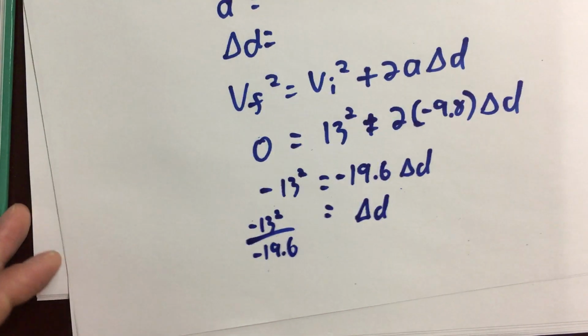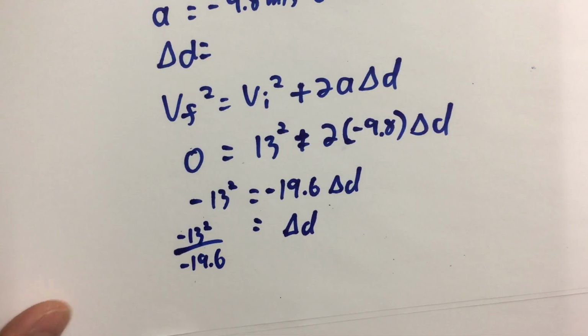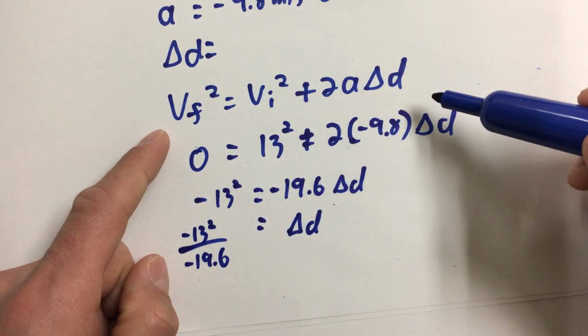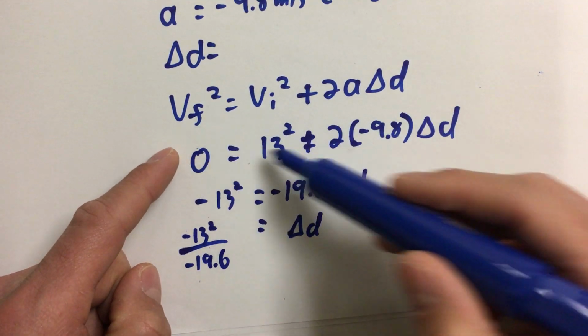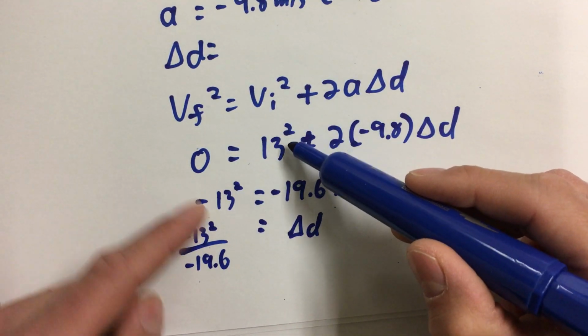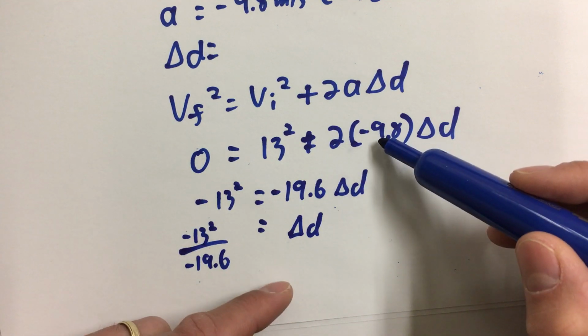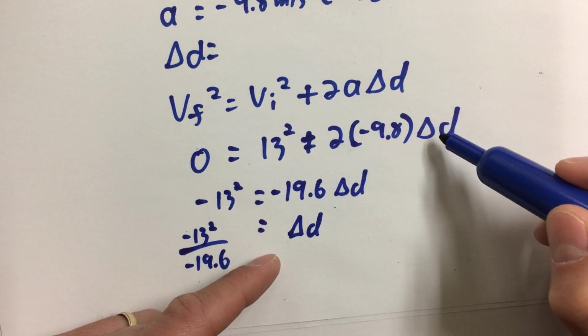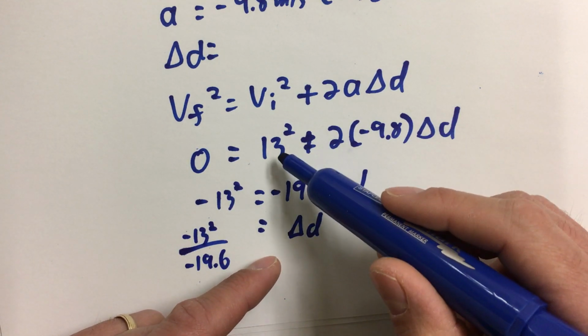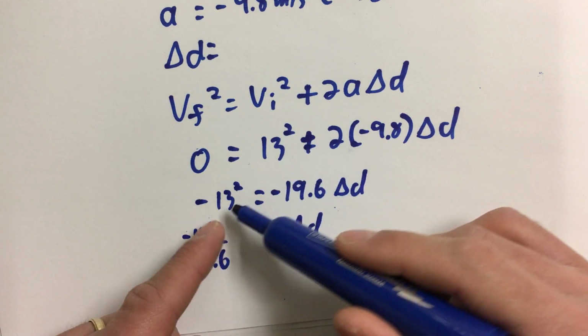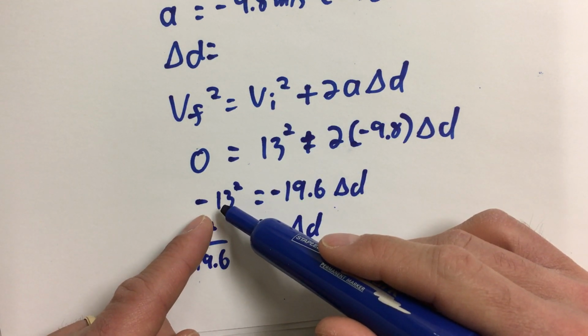Okay, so I hope I didn't rush through that algebra too quick. I'll recap it for you. So we've got 13 squared plus 2 times negative 9.8 times displacement. So I subtracted 13 squared from both sides, so I ended up with a negative 13 squared over here.